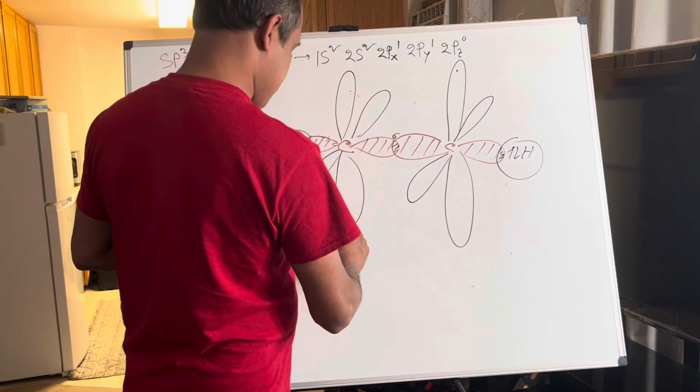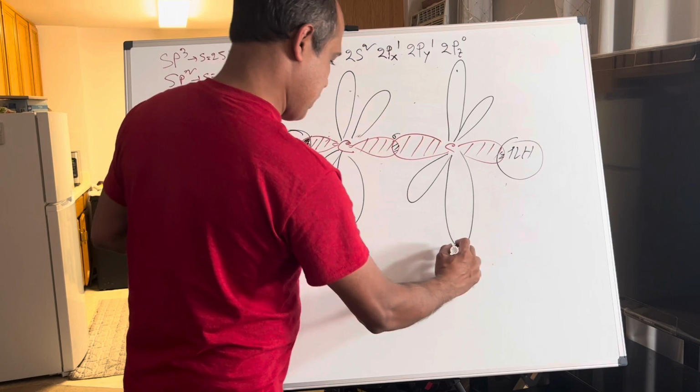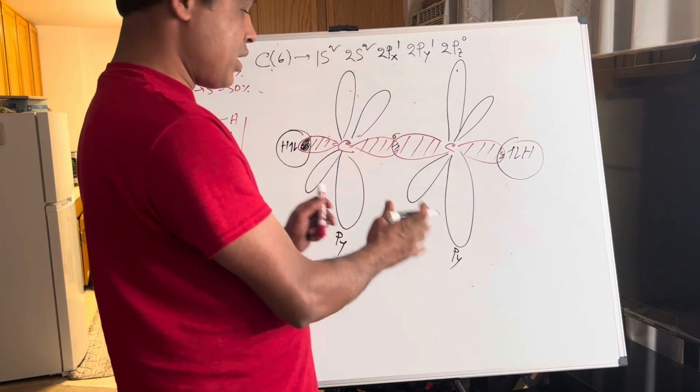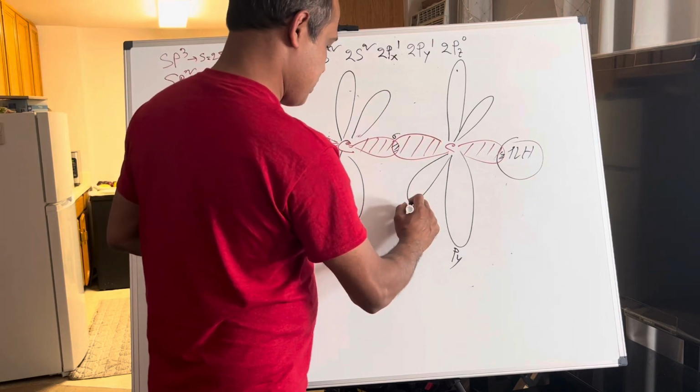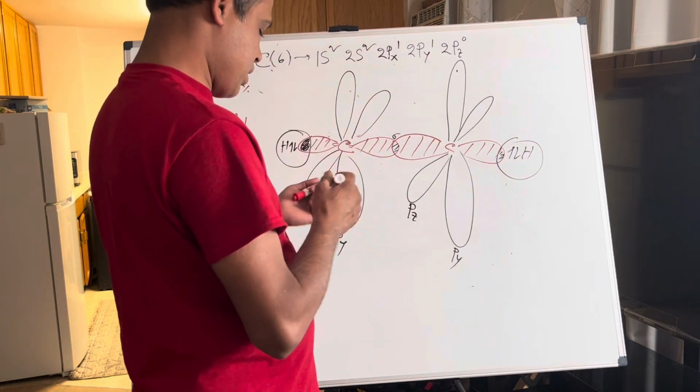Say this is the py and this is the py, the unhybridized part, and this is the pz and this is the pz, another unhybridized.